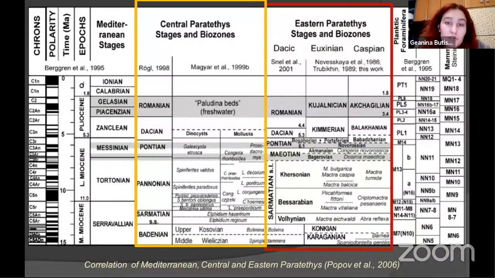I was also saying earlier that the stratigraphy is a bit chaotic in the Paratethys. This is a simplified sketch with the local stages and the paleontology they used for delimiting the stratigraphy. And as you can see, it's pretty different from one side to the other.